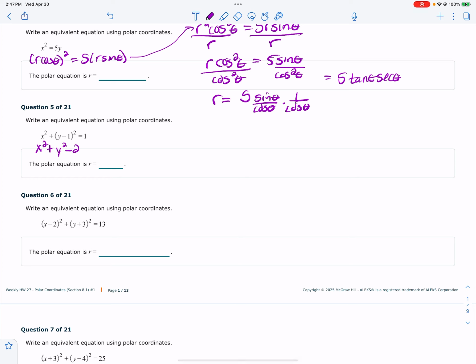So then we just have r squared minus 4r cosine theta plus 6r sine theta equals 0. Divide everything by r, and you would get r minus 4 cosine theta plus 6 sine theta equals 0. So r would be 4 cosine theta minus 6 sine theta.